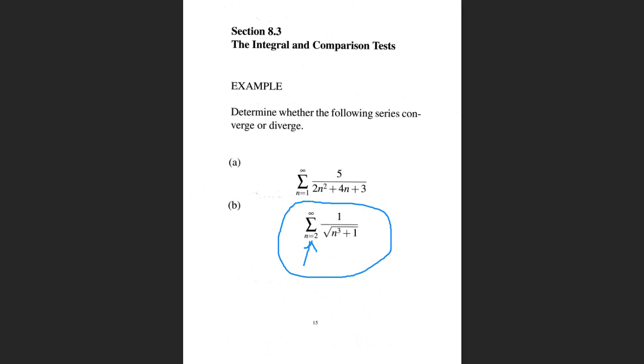So what makes this series kind of difficult for us? I mean, what would you say makes the series a little bit difficult? What part of the series?